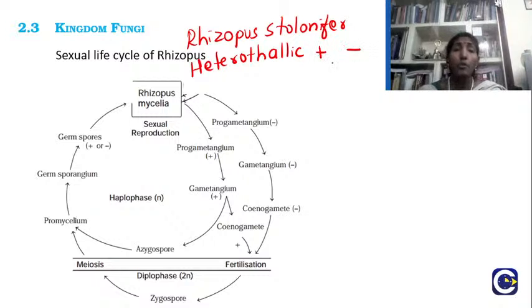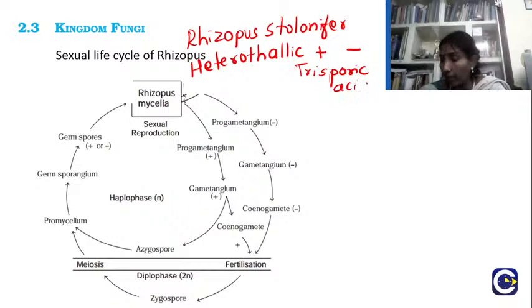You cannot say that it's male or female. They are two different strains. There is no male or female difference morphologically, but physiologically they have a difference. When the mycelia are present in the same medium, they will produce what is called trisporic acid.